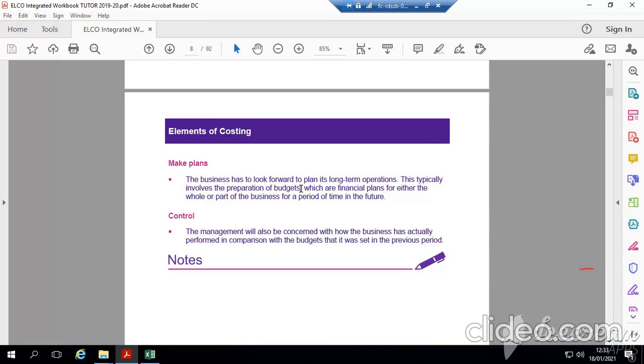Also it's important in terms of controlling: management is also concerned with how the business has actually performed, in terms of the budgeting.